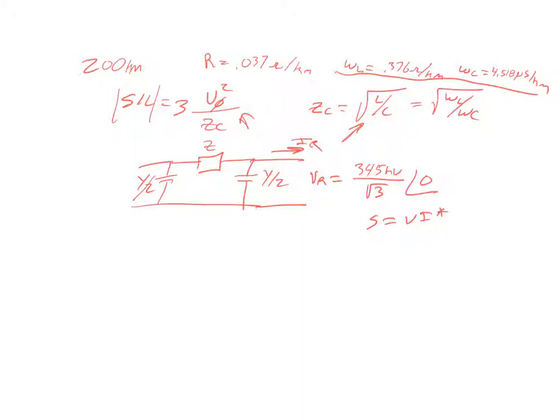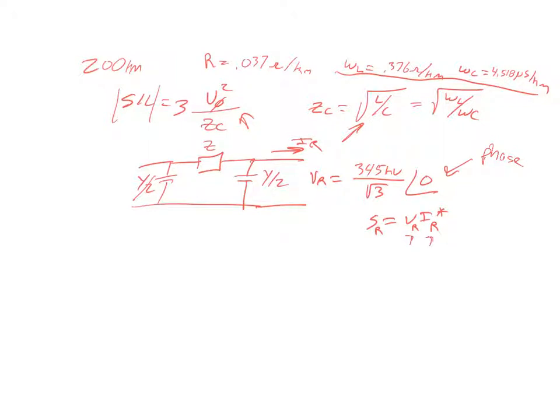Right? If we want to know what the receiving end values are, we're going to use that. But again, this is a three-phase system, isn't it? So if my voltage here, what type of voltage is this, a line or a phase voltage? Very good, that's a phase voltage. If that is a phase voltage, then this here is a phase.